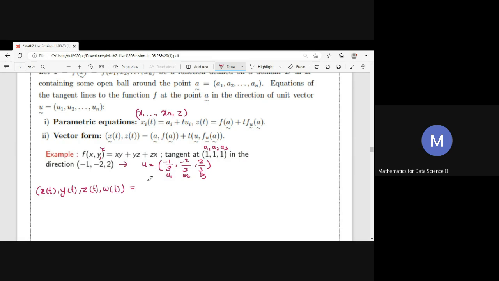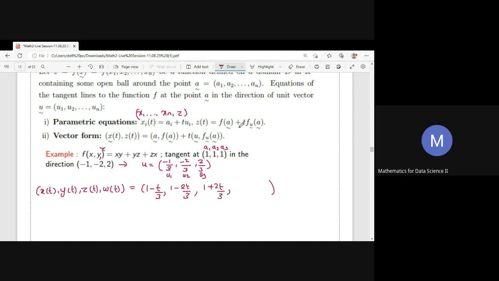Okay. So now what is x of t? It is a_i plus t u_i, which is a1 plus t u1. So 1 minus t by 3, 1 minus 2t by 3, 1 plus 2t by 3. Right?